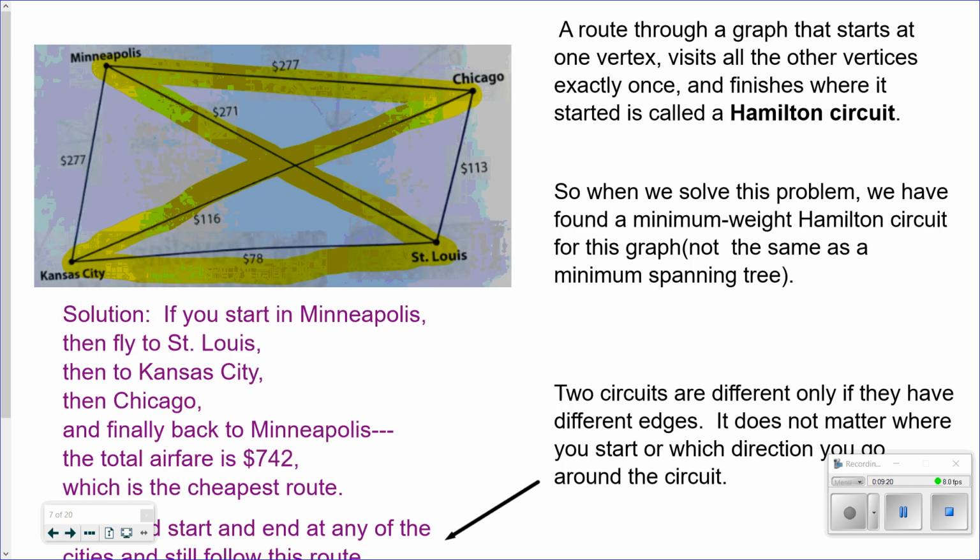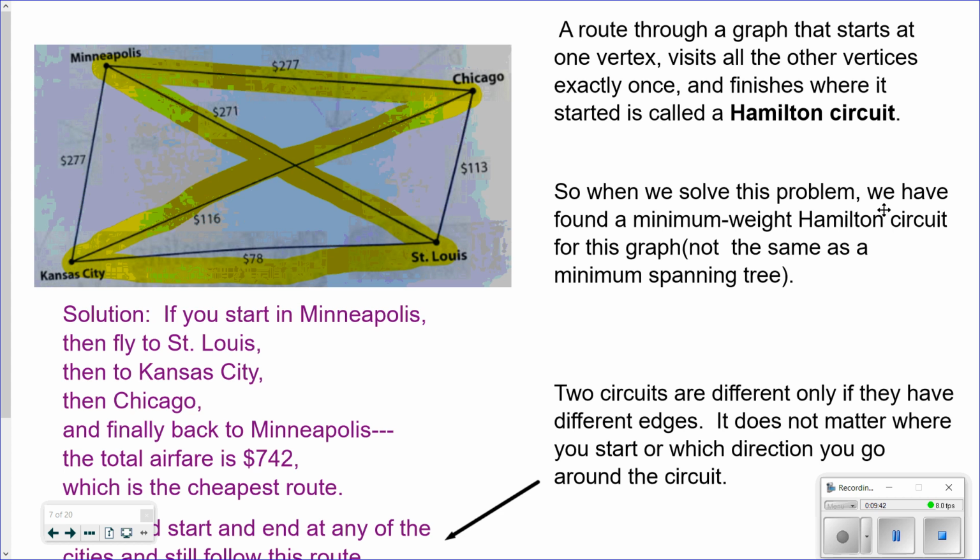Okay. So here's kind of what the solution to that problem looks like. What we're trying to do is find a route through a graph that starts at one vertex, visits all the other vertices exactly once, and finishes where it started. That's what's referred to as a Hamilton circuit.